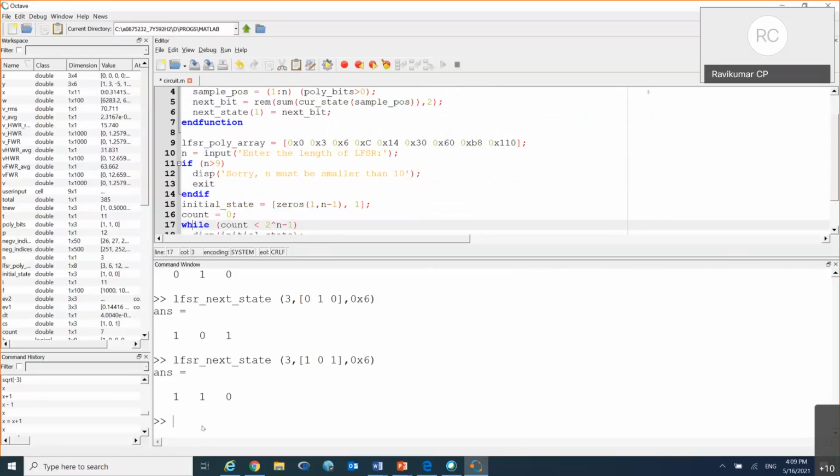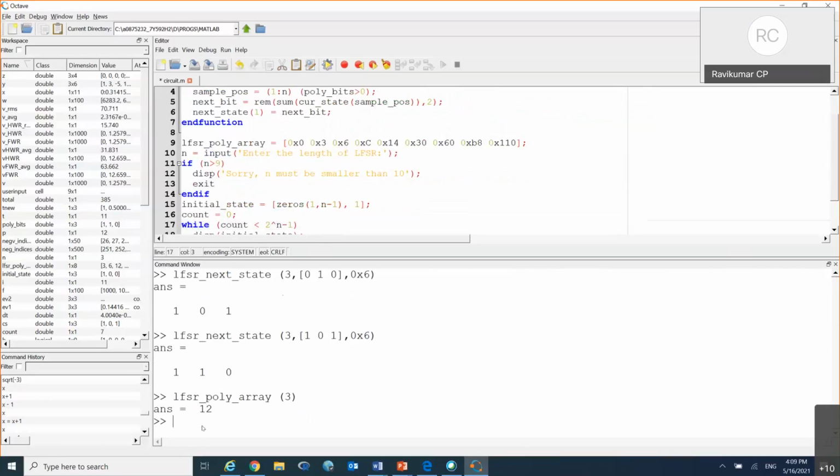1 second now. Ah, 1, 2, 3. 1, 2, 3. Why is this? So this is for n equal to 1.